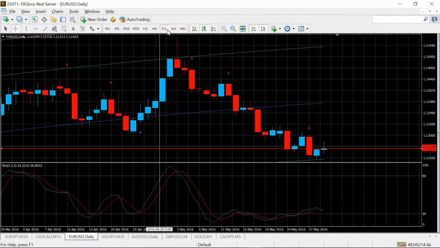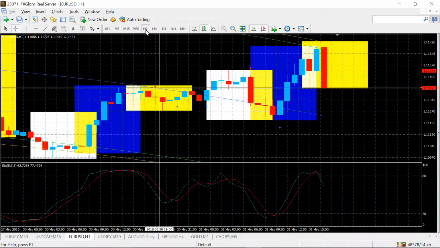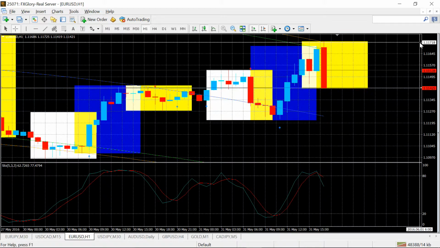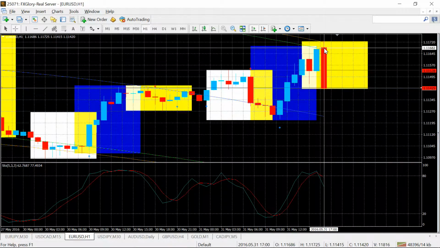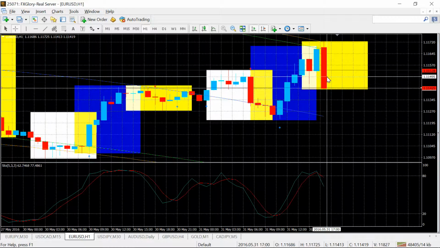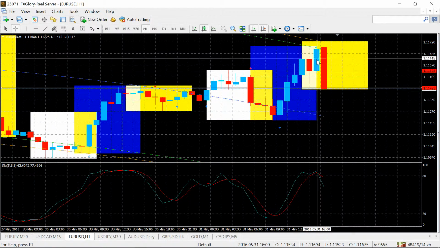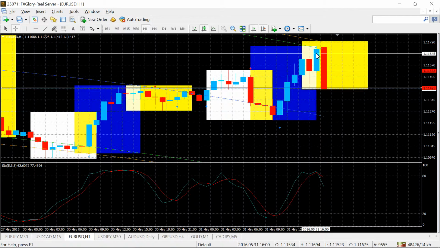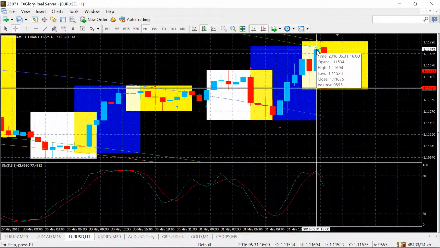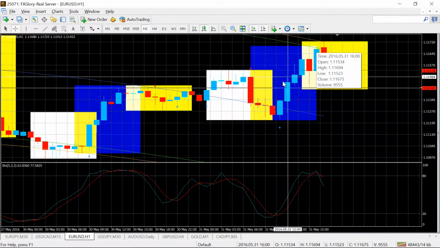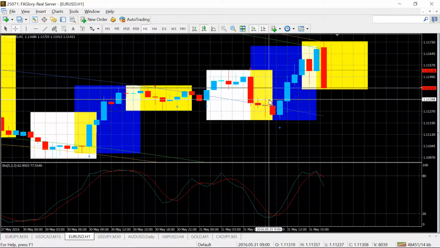This is the Euro USD. They're both showing an uptrend. So Euro USD is on the rise. Even though the last hour it dropped tremendously, that is during the US session. But 3 hours before, an hour before, it was on the rise. So overall, for the day, today's movement for the euro was an uptrend.